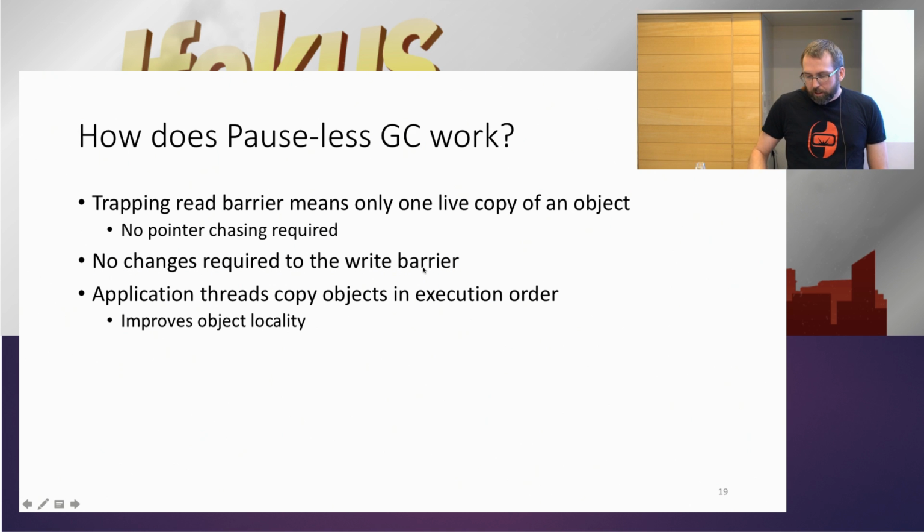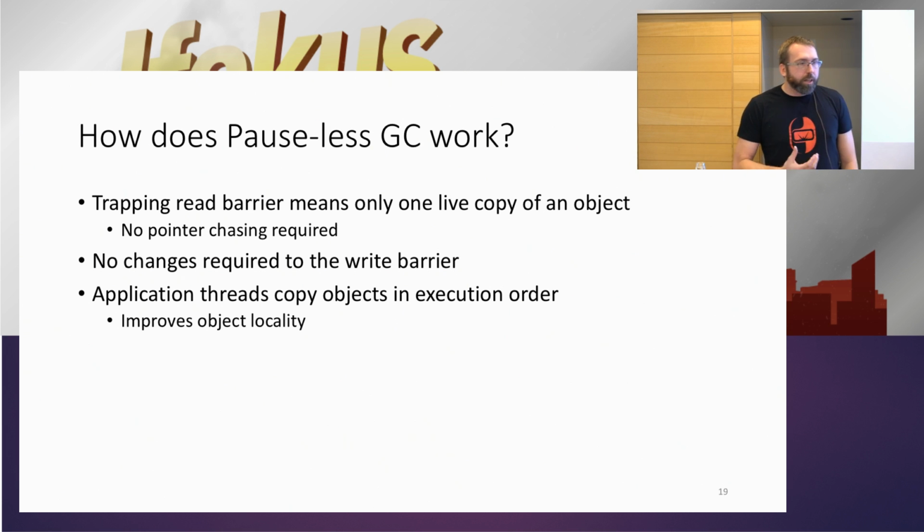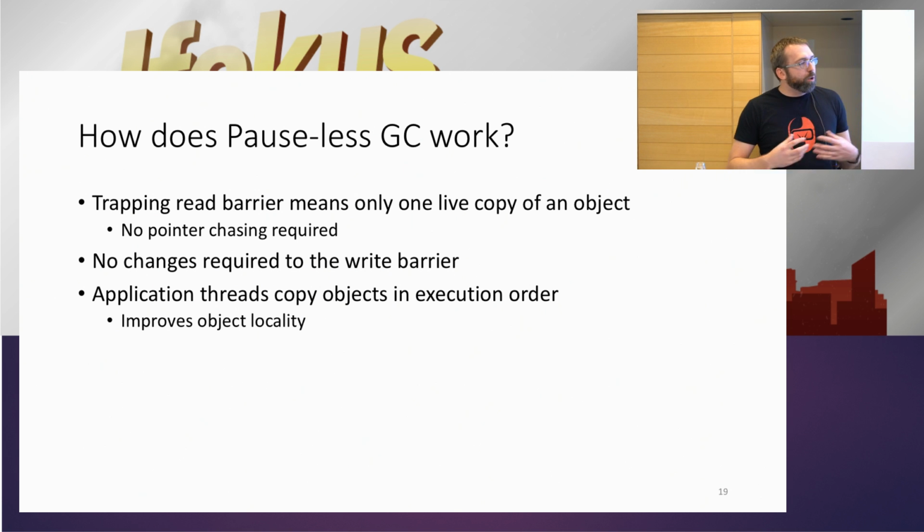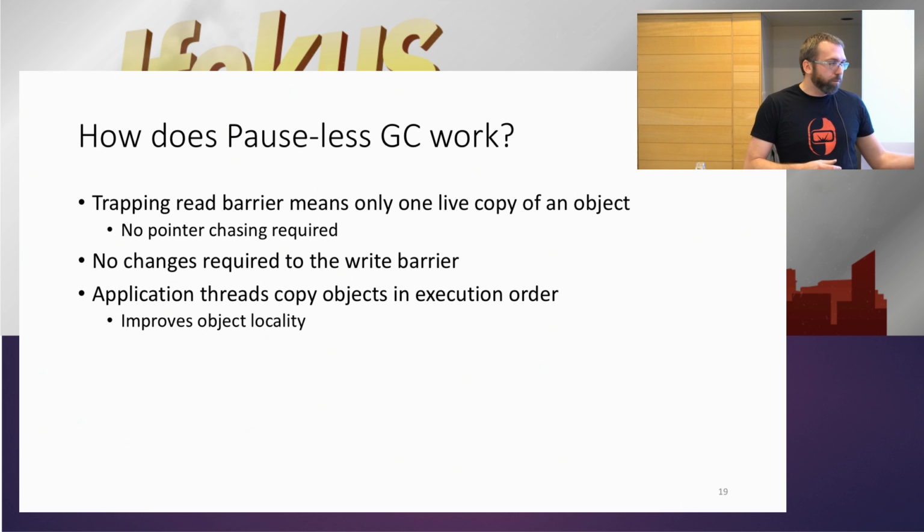Another side benefit that we weren't really expecting to be much of a benefit, and it turns out that it is quite high, is that the application threads early on in this copy storm, it doesn't seem to overwhelm the system, but it actually means they start copying a lot of the objects in reference order. So instead of copying them in allocation order, it's the order that they're referencing them in.